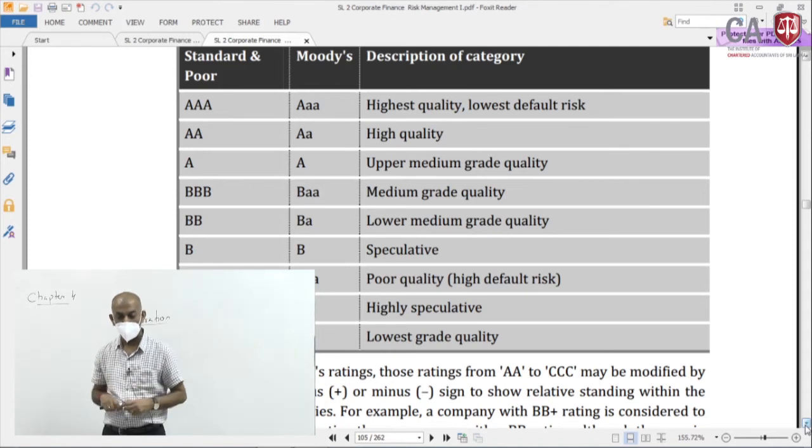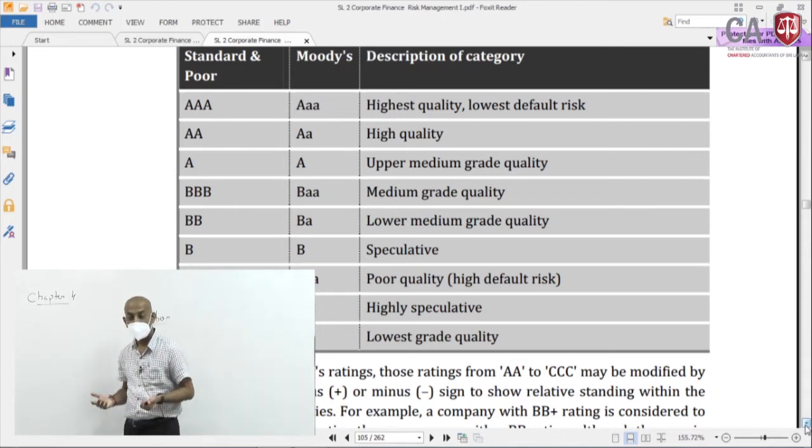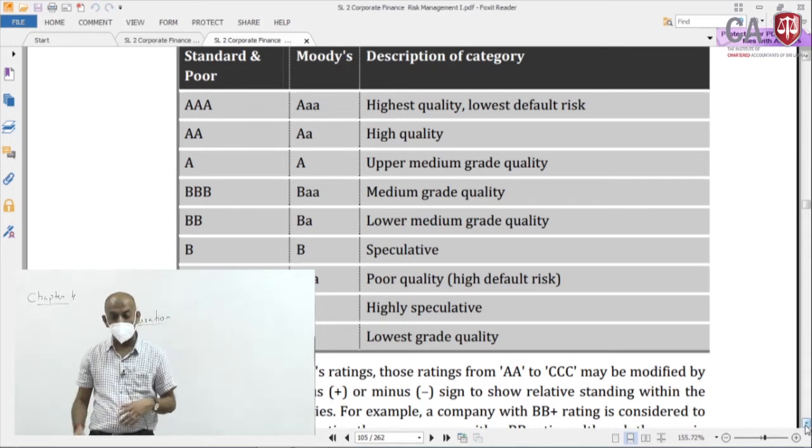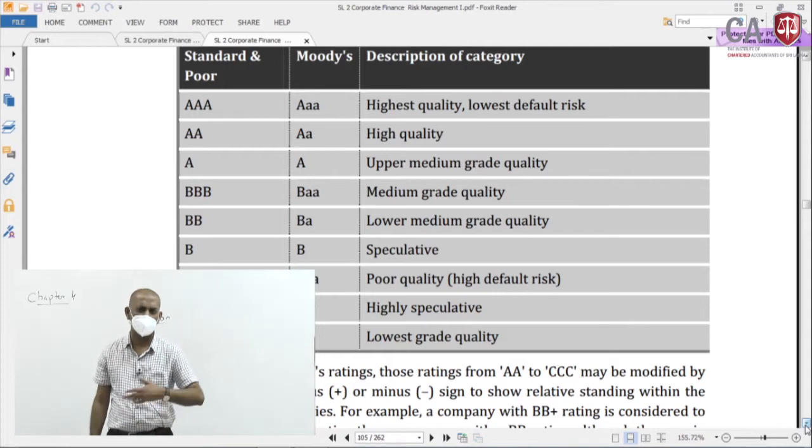Based on that, you describe your chances of default. You can see that an AAA company is highest quality, with the lowest default risk. A C is the lowest grade quality, meaning there is great doubt that you will pay your capital or interest, so nobody would invest in that kind of instrument. But with AAA, no worries.